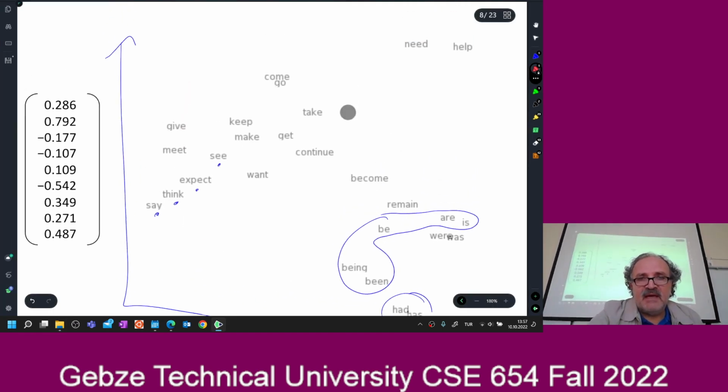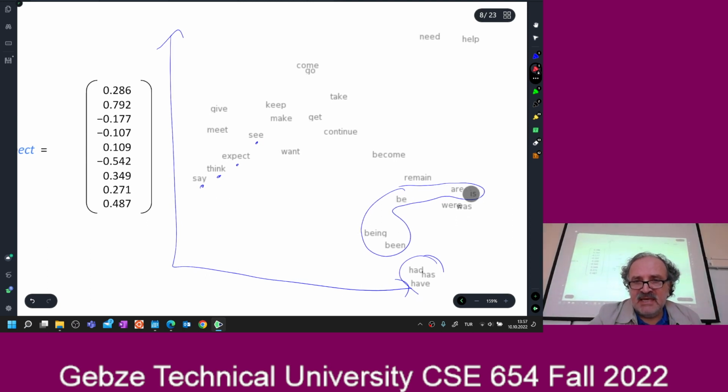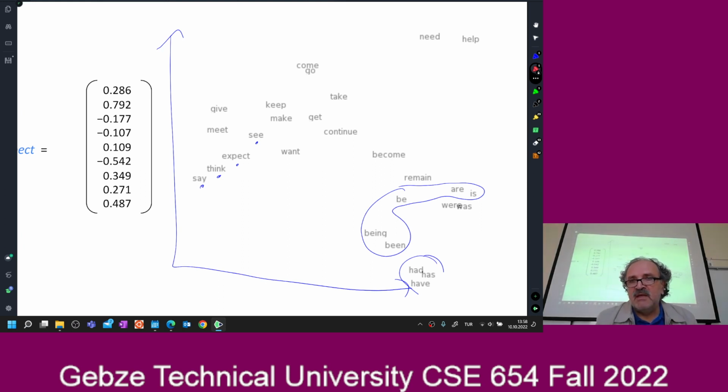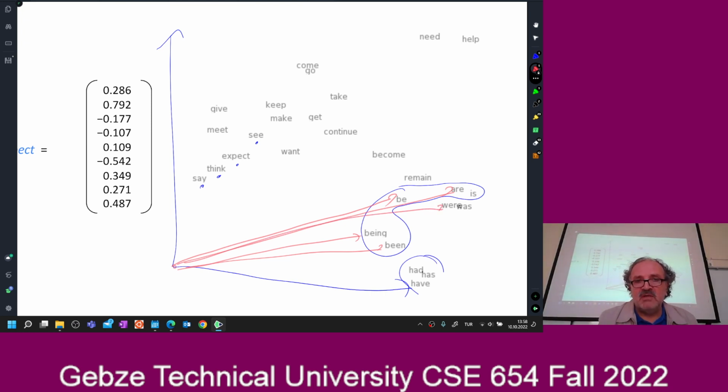If I put the words at their respective positions in this two-dimensional world, you see be, are, is, being, been, were, was. They are all very close to each other. Their vectors are very close to each other. If I draw this vector, another vector, another vector, as you see, the angle between them is very, very small.